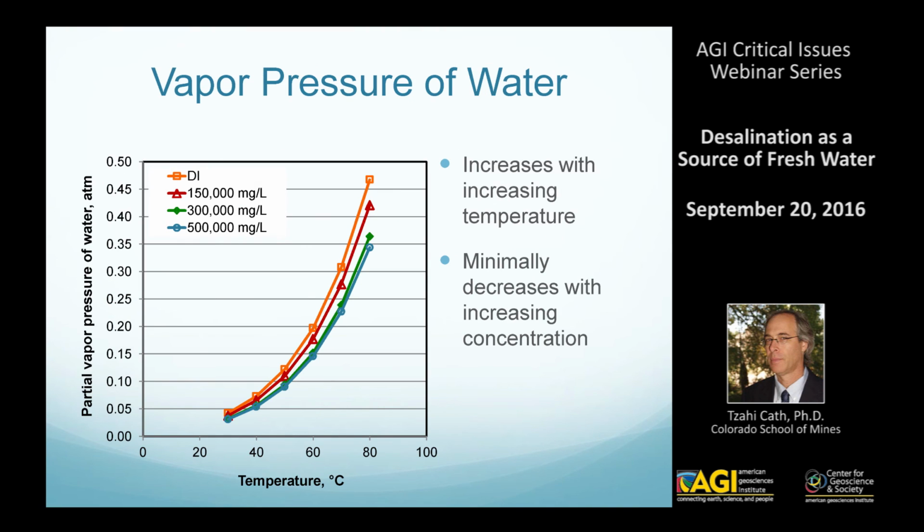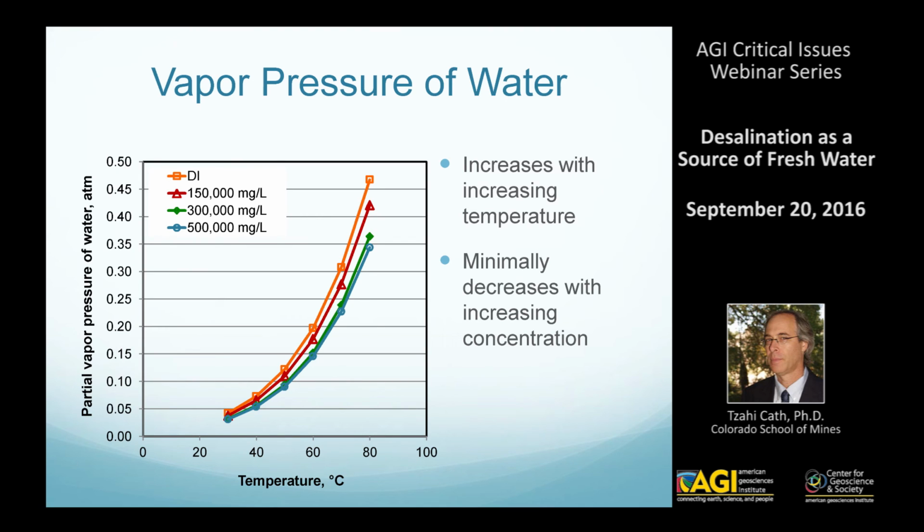In one group of desalination processes, we are taking advantage of vapor pressure of water. Here on the graph, you can see the vapor pressure of different types of water as a function of temperature, and temperature plays a major role in vapor pressure of water. This is the pressure where water or solution or any liquid will boil.